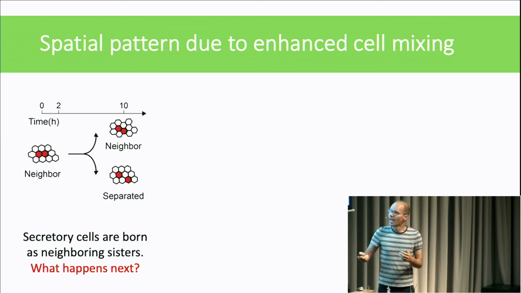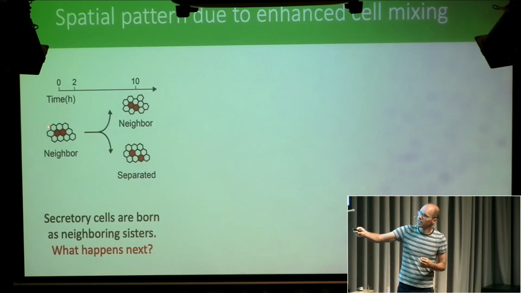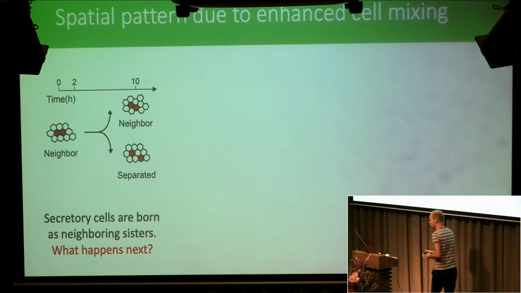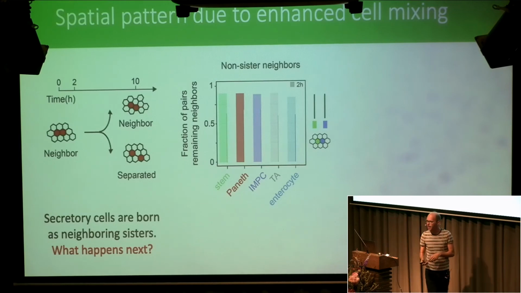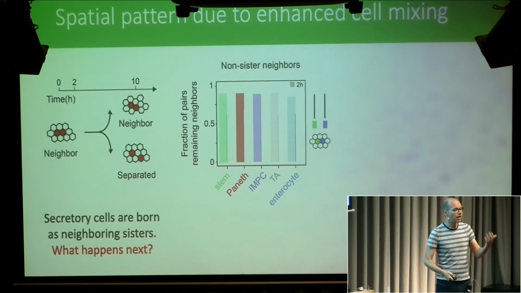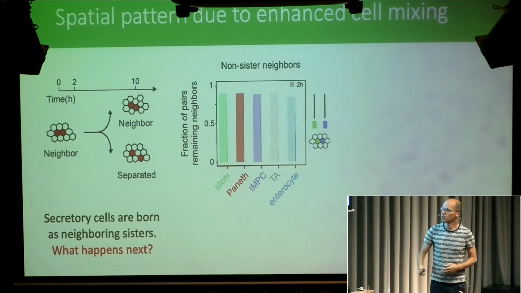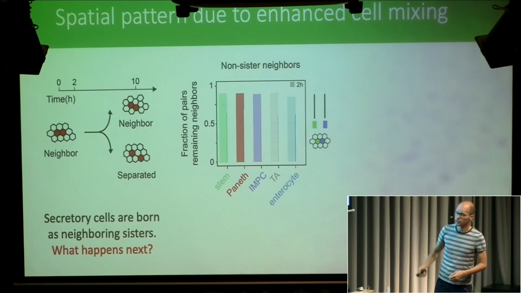One type of analysis that you can do is to look at neighboring cells at some time, and then look at a later time and see what has happened. Are they still neighbors or are they separated? If we do that for neighbors that are not sisters, so here for instance you look at one cell that is a stem cell, and then you look at all neighbor pairs, regardless of what type they are, you see that after 2 hours, the fraction of neighbors that were still neighbors is still high, but it has decreased a little bit.